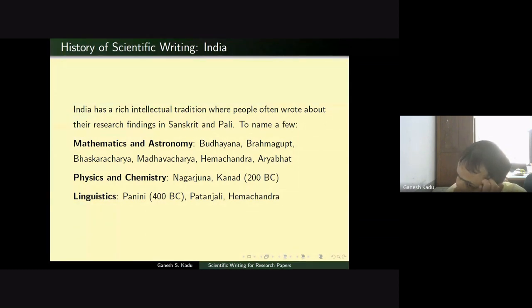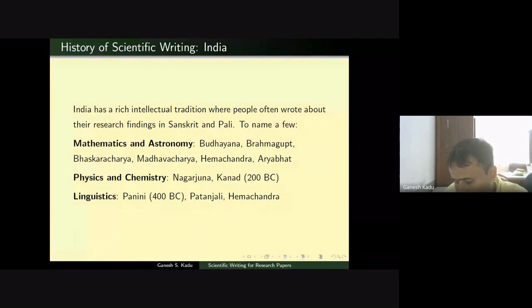So you can form literally infinitely many sentences out of this very basic, finite set of rules, and it is so precise. If you look at it, it's very terse. The sentences are very short, but they carry a lot of meaning. So this is one example which is, I think, really remarkable from the scientific writing point of view.